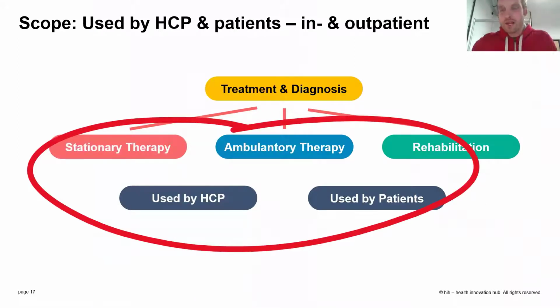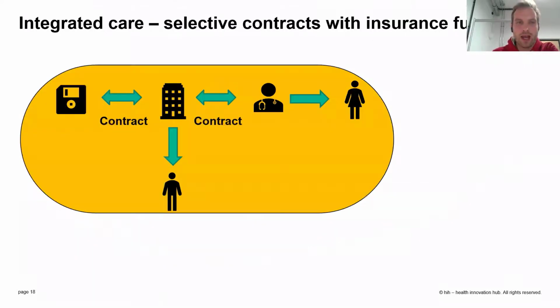But now let's come to the next pathway, which is basically having the broadest scope, and that is about stationary therapy, ambulatory therapy, and used by the healthcare professionals or the patients. And here we have this integrated care system, which is based on selective contracts between the manufacturer of a medical device and the health insurances and the healthcare professionals, including the patients that have to sign a contract as well.